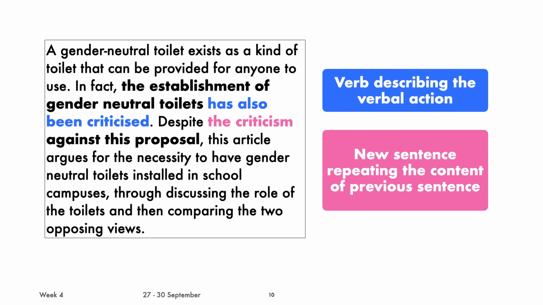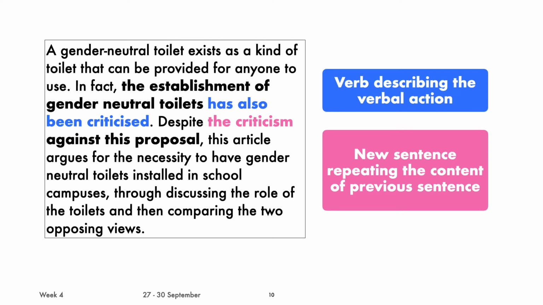Has also been criticized. And look at the next sentence. Okay, the verb criticized has turned into a noun, criticism. That is, you are using the nominalized verb to continue the paragraph and start a new sentence with it.